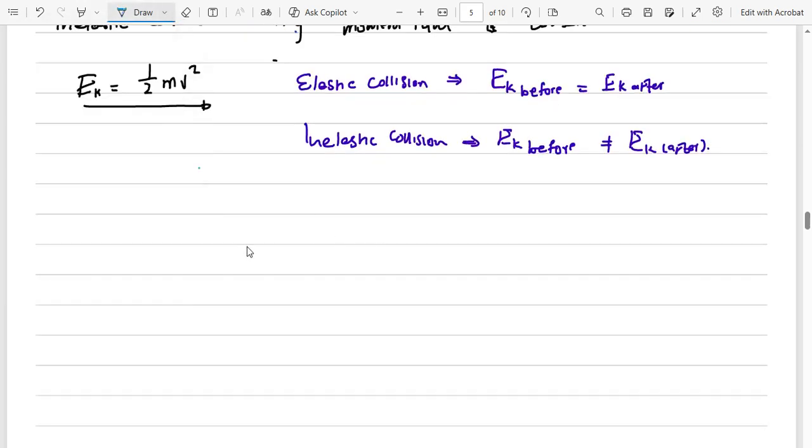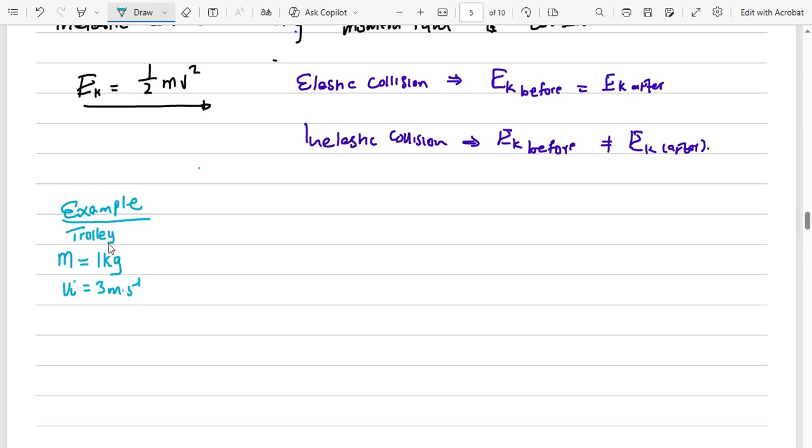Right. So on this example, maybe I can just give you data. The velocity of a moving trolley of mass. So we have a trolley that has the mass of 1 kg, and it moves with the initial velocity of 3 meters per second. Okay, and then this is for the trolley.